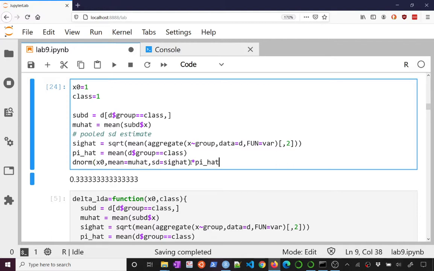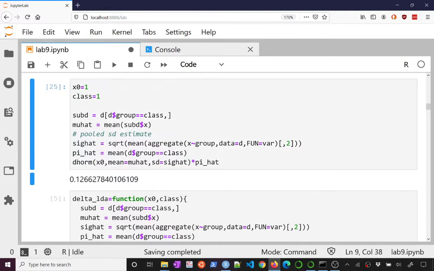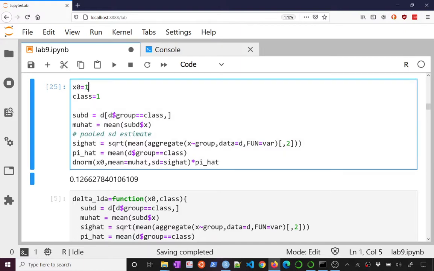And then if you remember, if you go back to the formula, I multiply by pi c. So in this case, this is pi 1, sigma hat, and mu 1. So this is one way we can definitely define our delta c. Normally it's delta 1 of x, and this is delta 1 of x naught, which is 1 in this case.